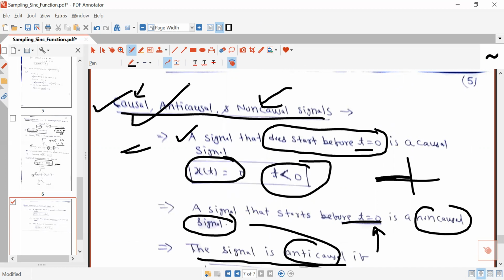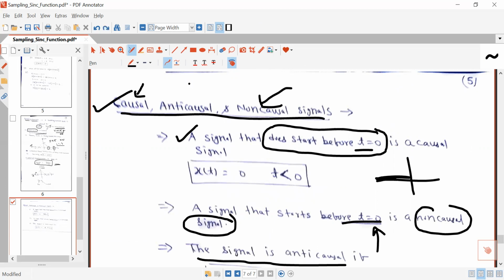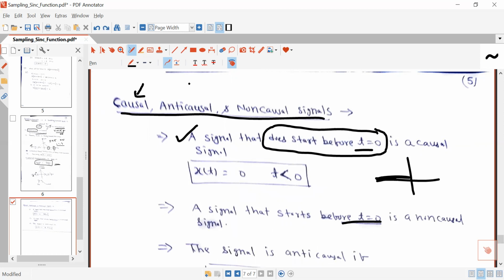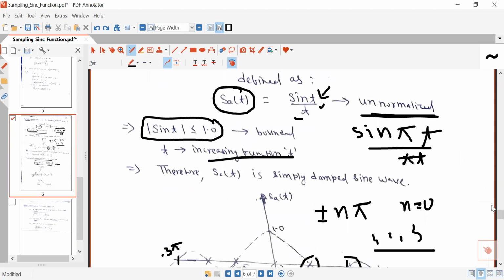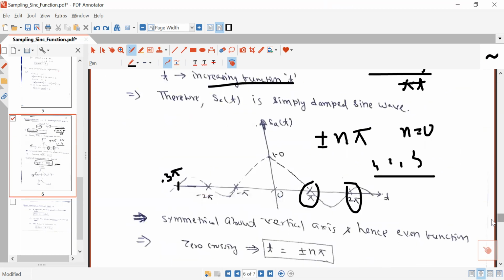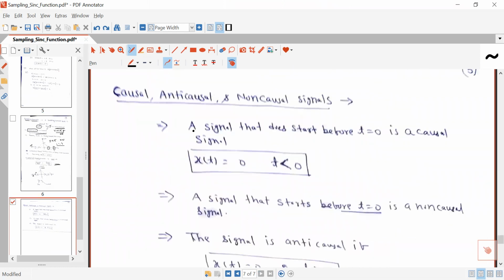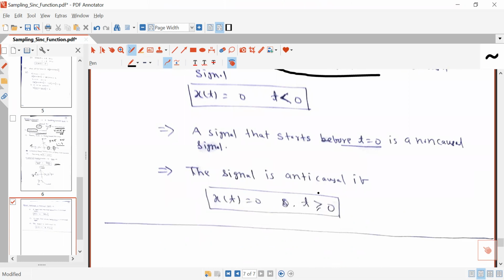So in conclusion, a causal signal is a signal that does not start before t equal to 0. An anti-causal signal has value 0 when t is greater than or equal to 0.